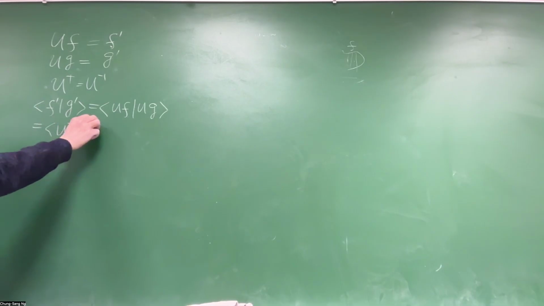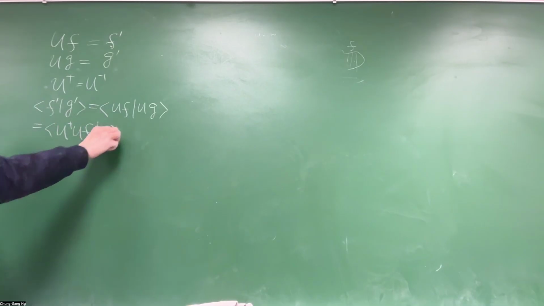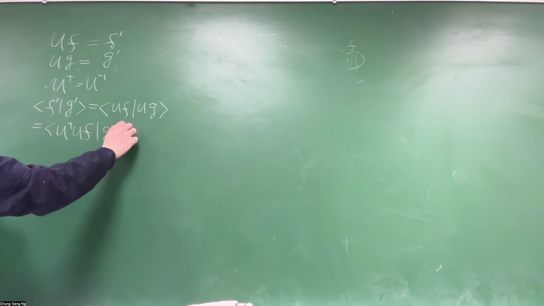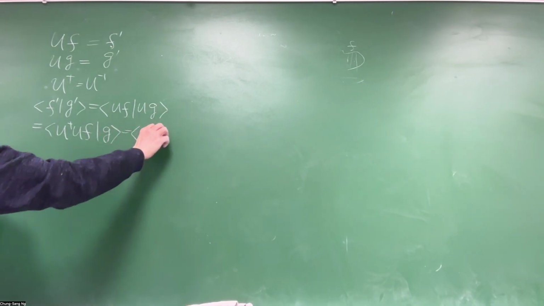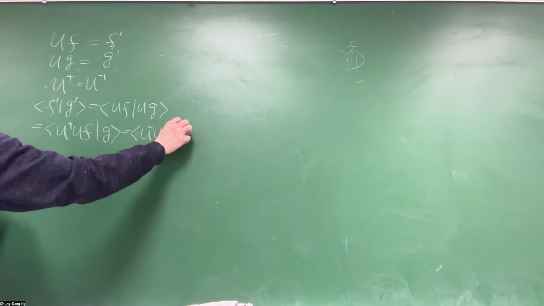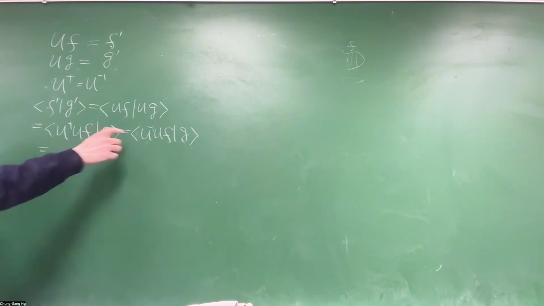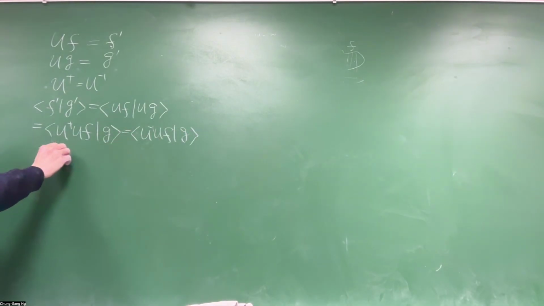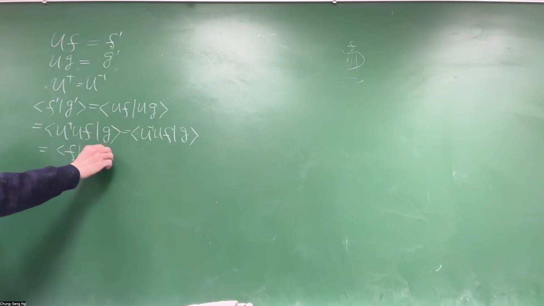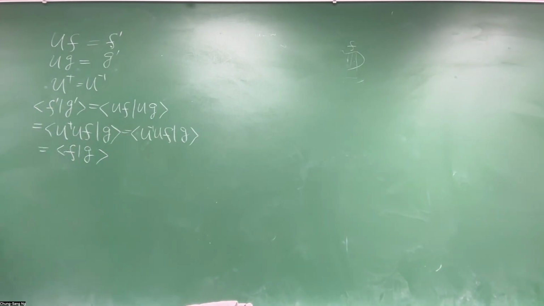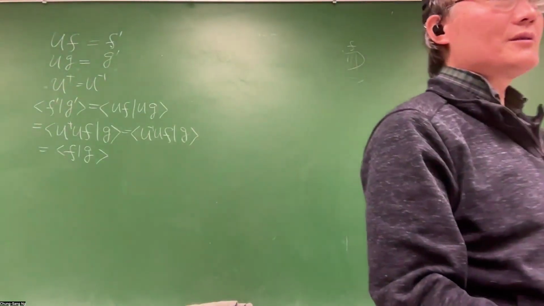That U dagger U is just U inverse U, and U inverse and U is just the identity, so it's the scalar product of f and g. They preserve the scalar product if you have a unitary operator.